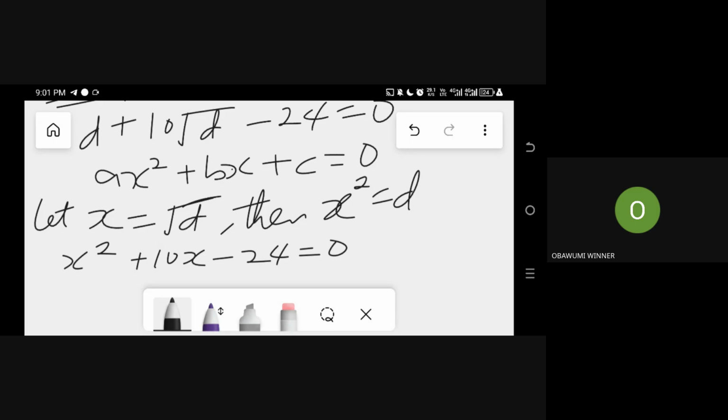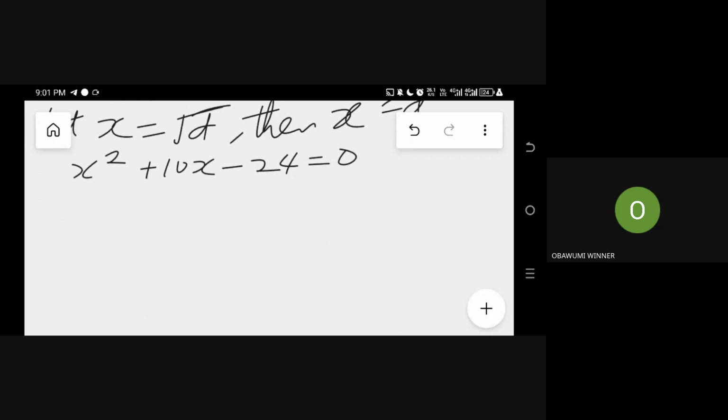So you just substituted that D plus 10 root D minus 24 equals 0. The D in the original equation is now represented with S squared, since S squared is equal to D. The 10 root D is now represented as 10S because S is equal to root D. Then minus 24 equals 0.